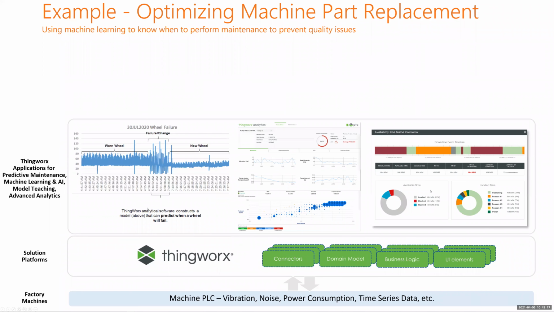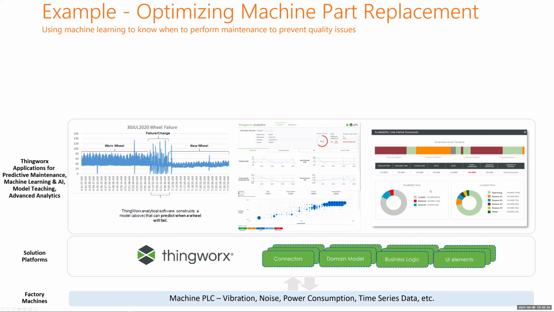Then we ran it through the analytics within the tool in order to be able to look at what was the typical performance when we had a worn wheel versus a new wheel, and what the failure mode looked like as well.